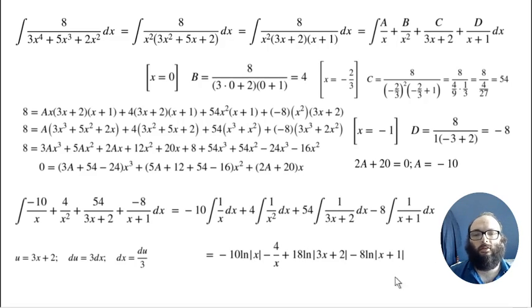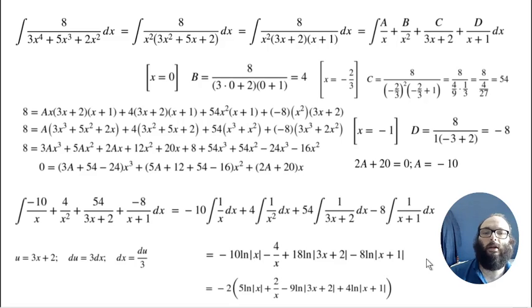Now we could simplify this further, but I find actually it's not really a simplification. It's more complicated appearing. We could go ahead and make it -2 times everything divided by -2. That doesn't really help. It doesn't look any better, and so I don't do it. We could have taken this minus 2 out right at the beginning and had just 4. All these terms that we found for our A, B, C, and D would have been cut in half.